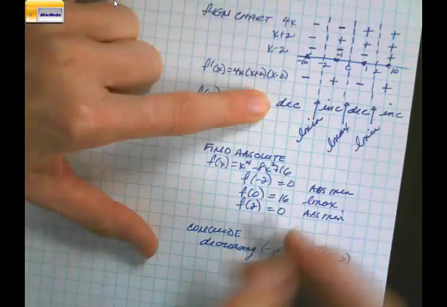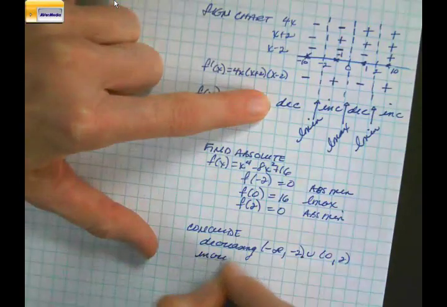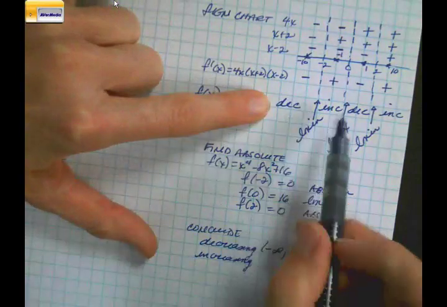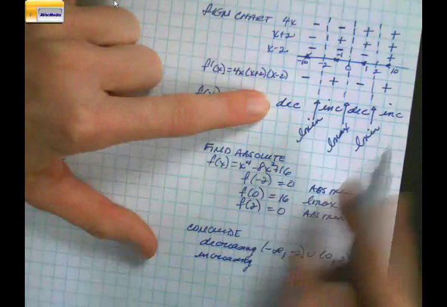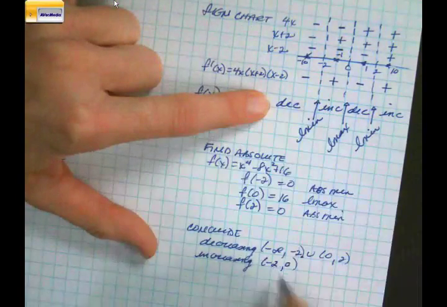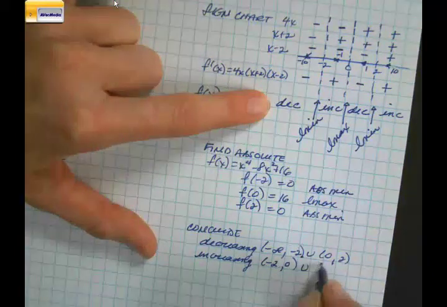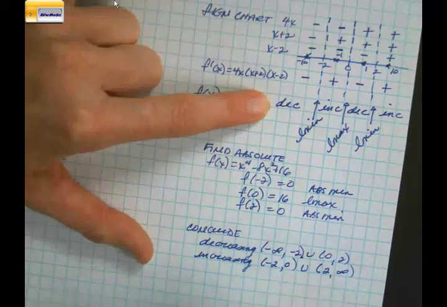Okay. So then we're going to do increasing. My function is increasing according to my sign graph here. It's increasing between negative 2 and 0. These are intervals, not ordered pairs, but intervals. And then also increasing between 2 and positive infinity.